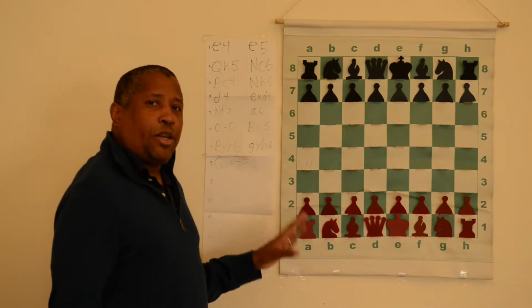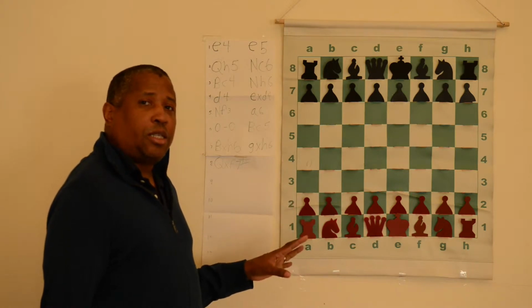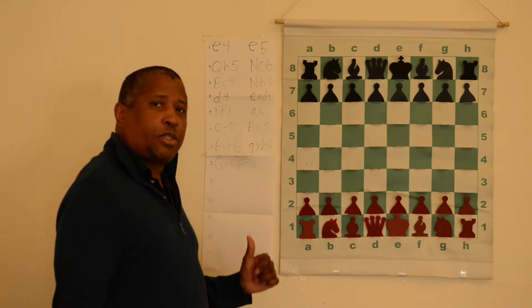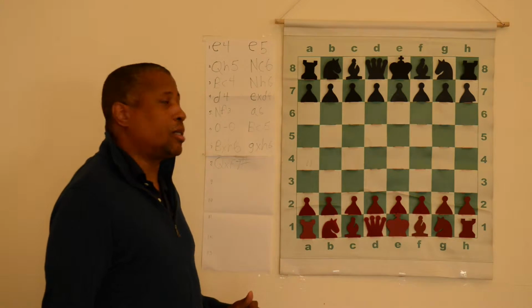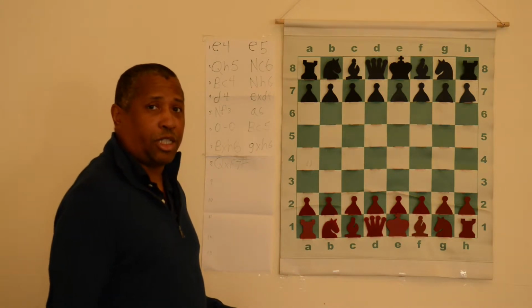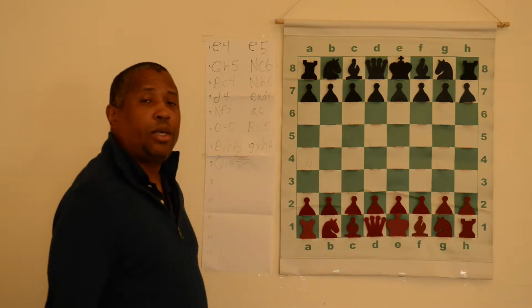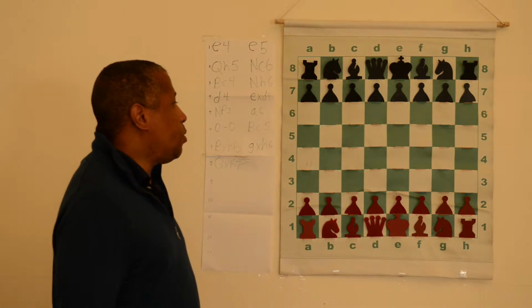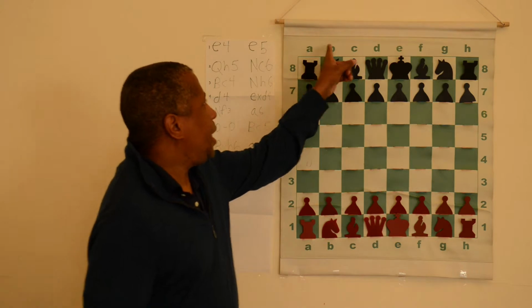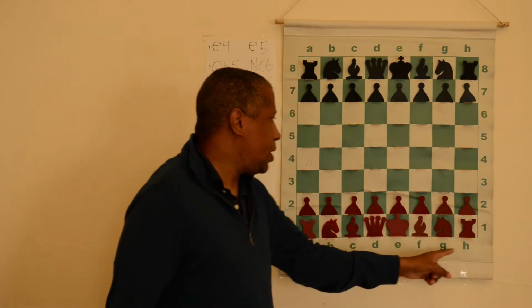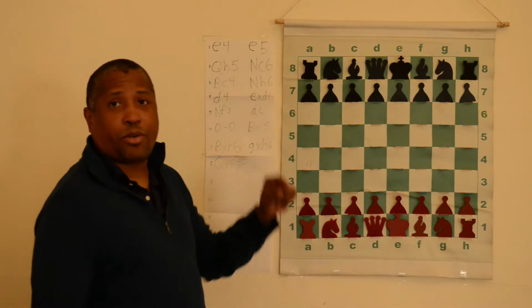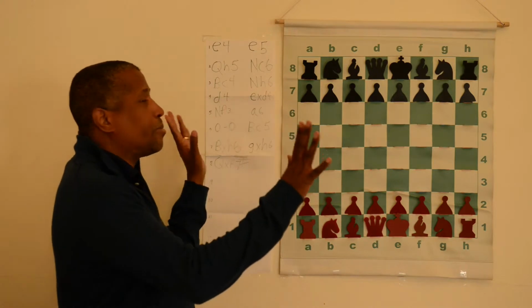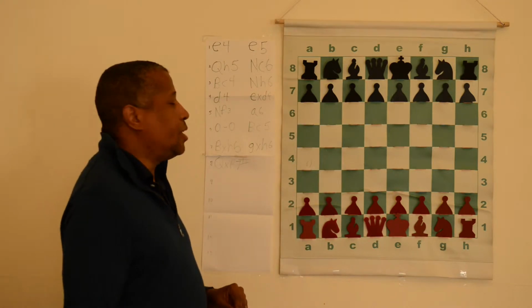If you do not know algebraic notation, you should go back to my previous video that talks about using algebraic notation to write down your notes. So we're going to jump right into descriptive. To begin with, you can eliminate all of these letters and all of these numbers. Just forget about them. They don't exist.